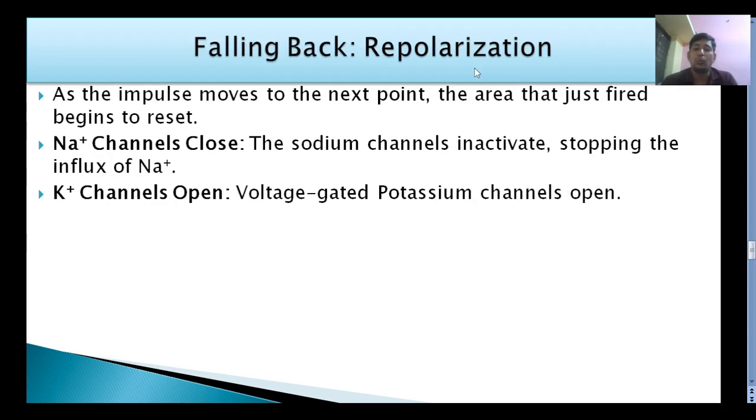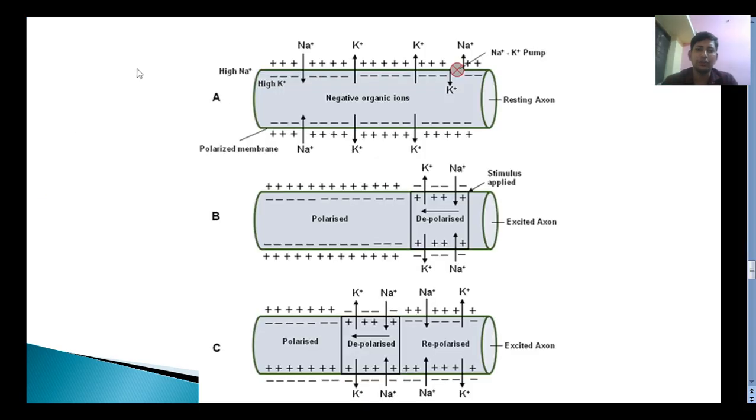Now one more state is known as repolarization. As the impulse moves to the next point, the area that has just fired begins to reset. You can see this picture. Earlier in figure A, remember, it is a resting axon. The outer side is positively charged, the inner one is negatively charged.